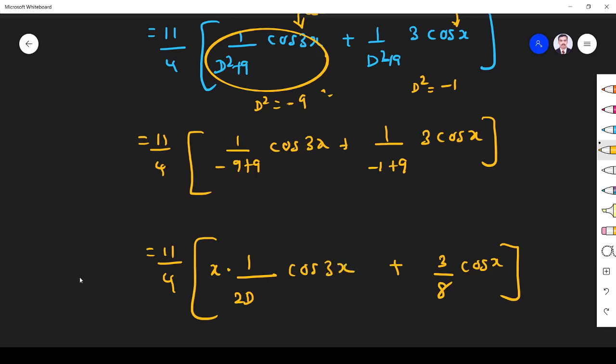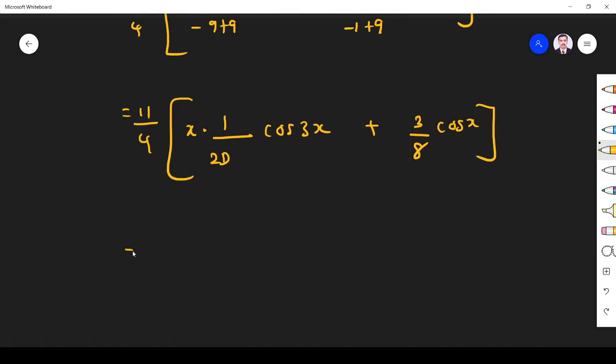So what will happen now? This is x by 2. You see D is nothing but d by dx. 1 by D is integration. So x by 2 I take it outside, it will become 1 by D cos 3x.